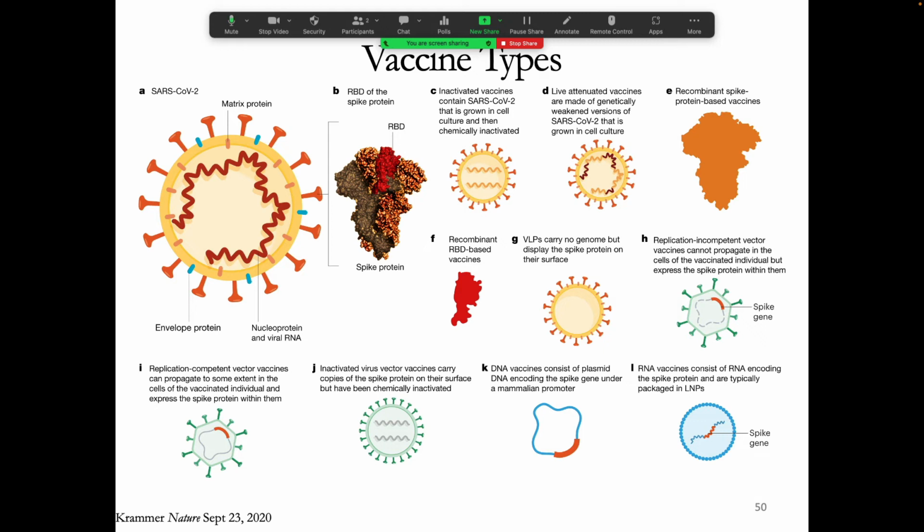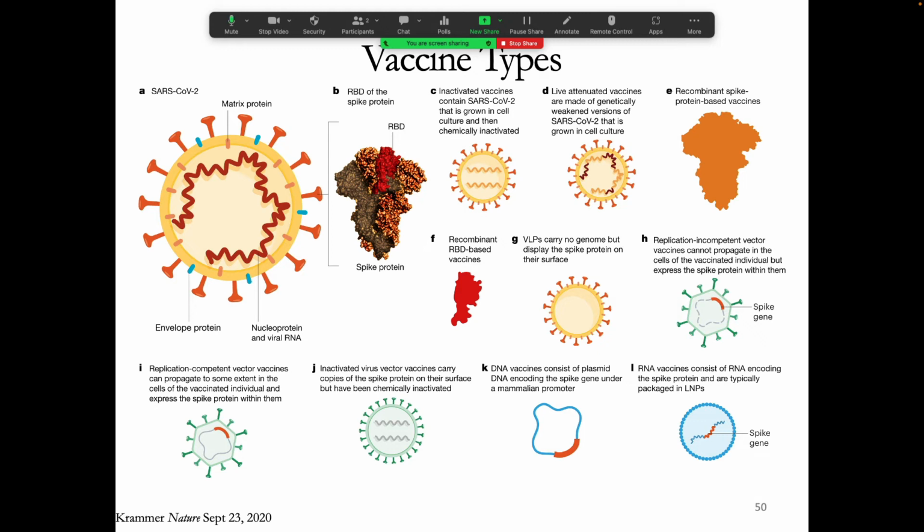So you use some other harmless virus that does not cause disease to deliver the nucleic acid encoding your antigen. So now you get the benefit of getting this nucleic acid into the cytoplasm of cells so that you're getting PRR stimulation. You're going to get something that's going to amplify the dose, like a live attenuated would.